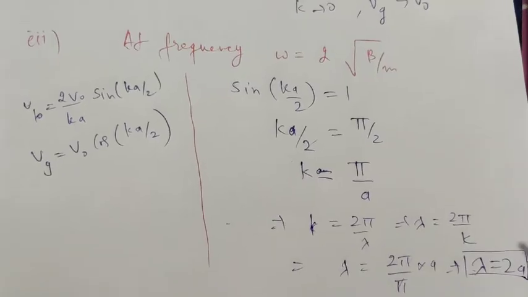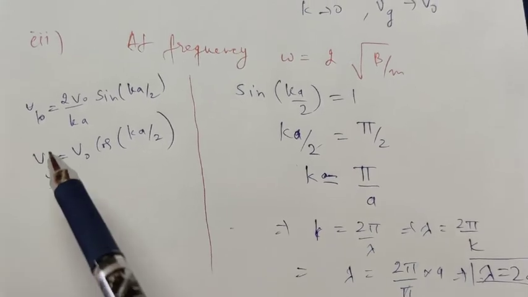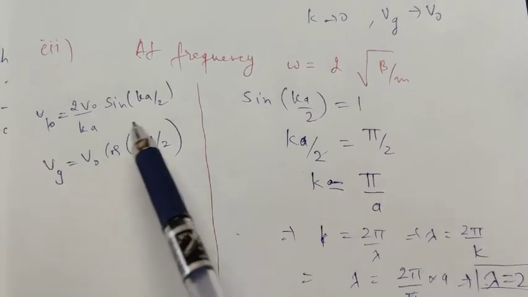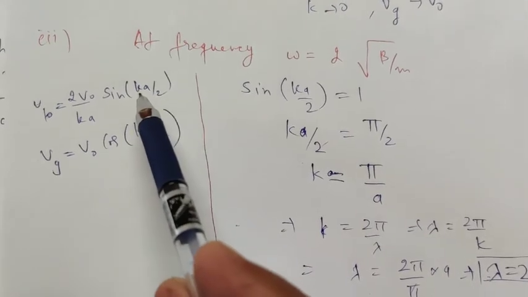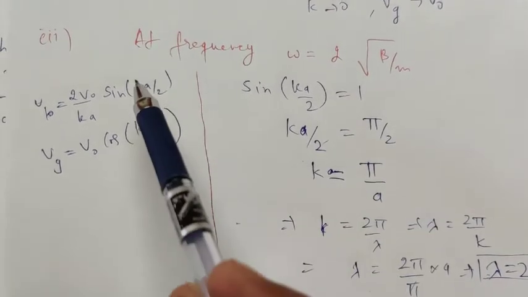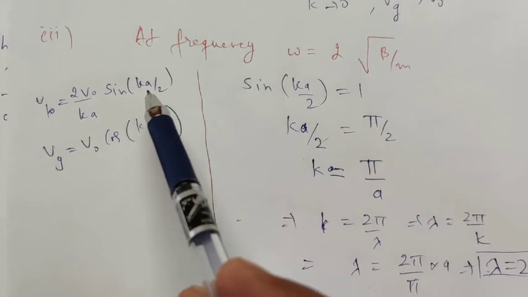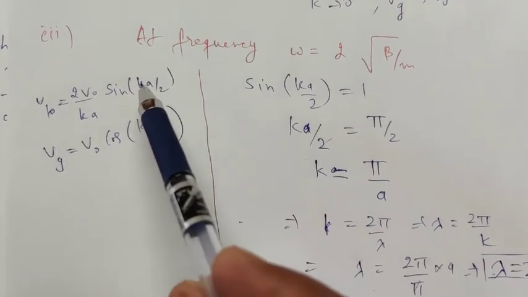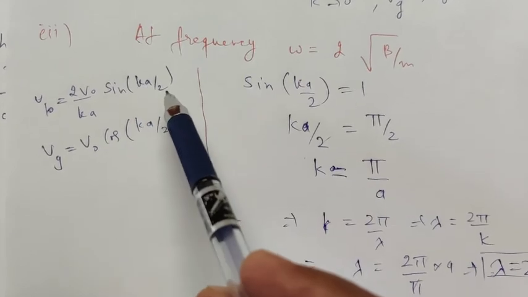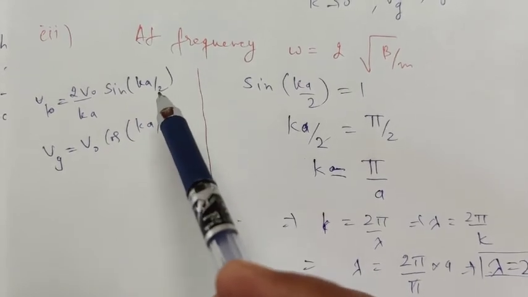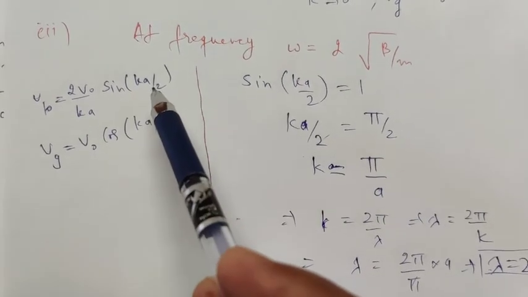So now from here you can calculate the value of Vg and Vp. With the formula for Vp, put K equal to pi by a. So a will be cancelled, pi by a will be cancelled, and this will be pi by 2. So sine pi by 2 is equal to 1.